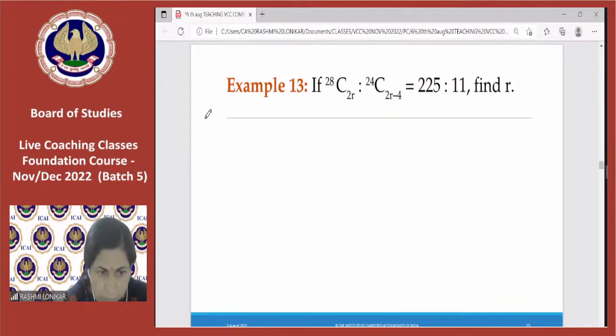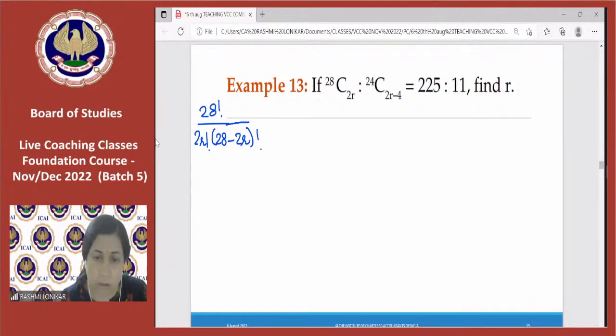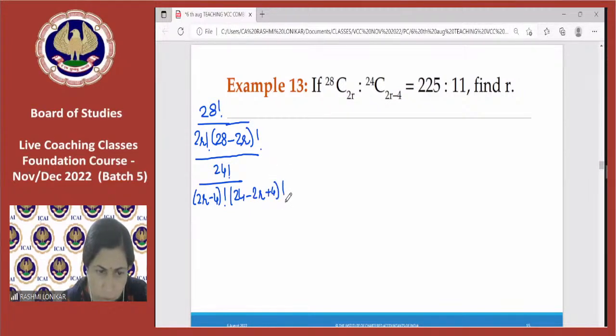Now I have how much? This is 28 factorial upon 2R factorial into 28 minus 2R factorial on the left hand side, upon 24 factorial upon 2R minus 4 factorial into 24 minus 2R plus 4 factorial.